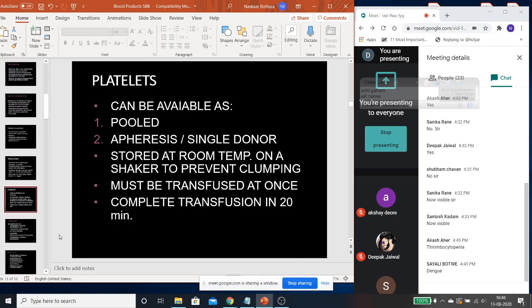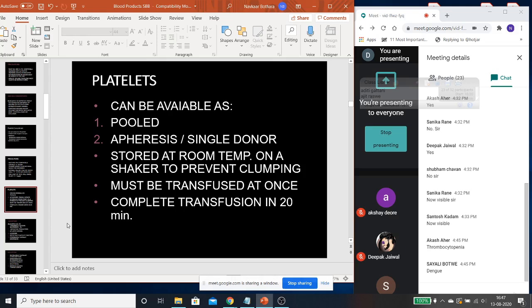They can be available as pooled units, which are separated like apheresis, or single donor units stored at room temperature. Now, at many places it is advised, because nobody knows what kind of blood the other person may have, that you donate your own blood before somebody has to go for surgery.